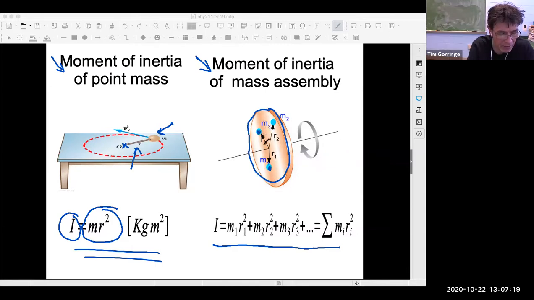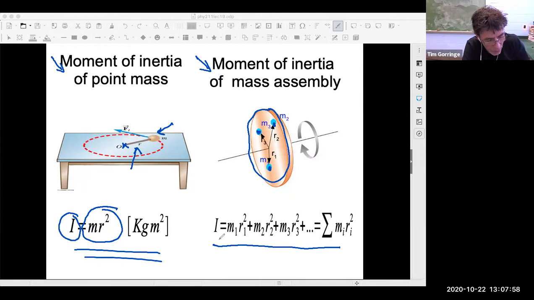Sorry, this one is mass m2, and it's a distance r2 from the axis of rotation. And I could keep going, you know, I got bored, but you could keep going and going, breaking up the whole distribution of mass into lots of little pieces of mass, like lots of little point masses that look like the point mass over on the left-hand side of this slide.